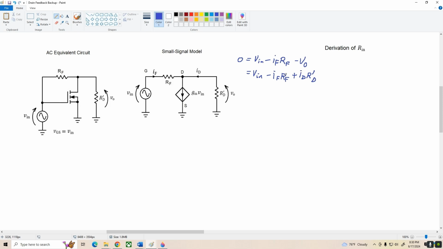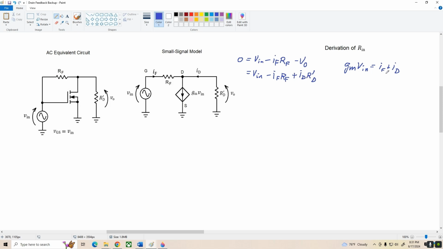And what we're going to do is Kirchhoff's current law here at node D. I'm going to define these currents, and let's start with this. We know that gm times V in, this current, is equal to I sub F plus I sub D. All right, and what I'm going to do then is solve this for I sub D and substitute back into this equation to get rid of one of the unknowns.